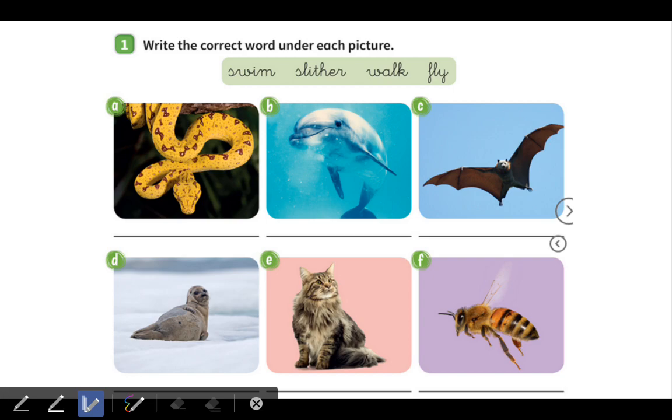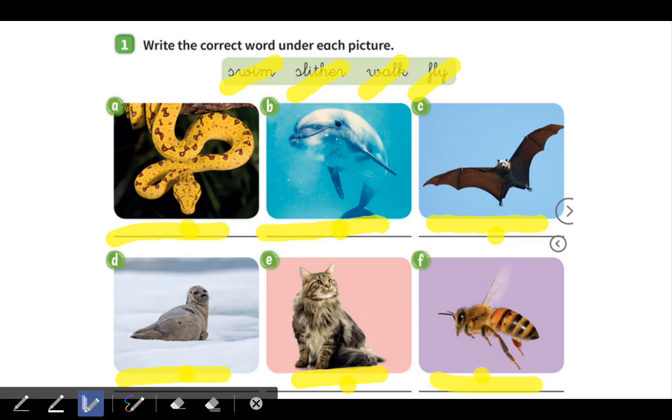The snake, the dolphin, the bat, the seal, the cat, and this wasp. Or bee, I think it's a bee. So you've got to say if they can swim, if they can slither, if they can walk, or if they can fly. And write it in here, in the correct place.